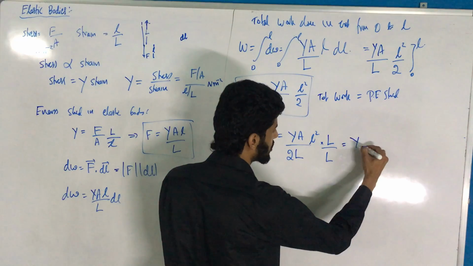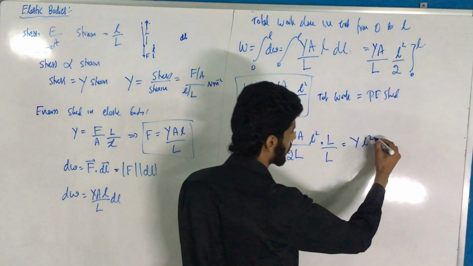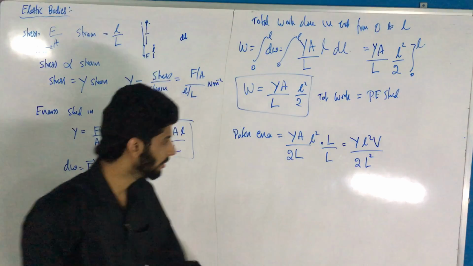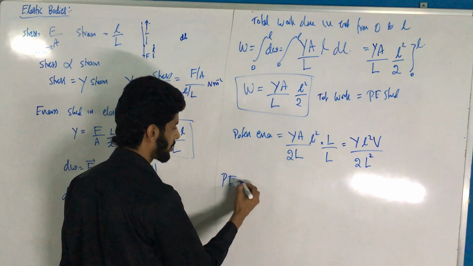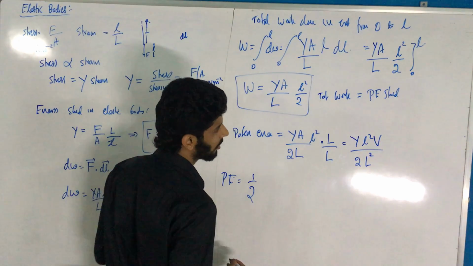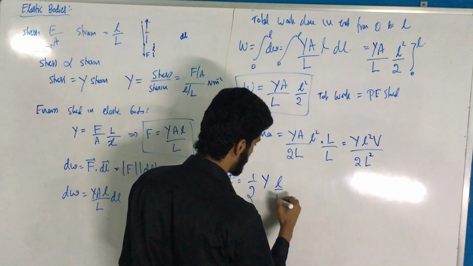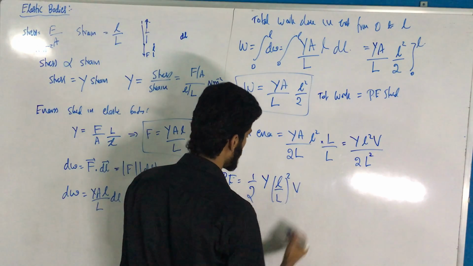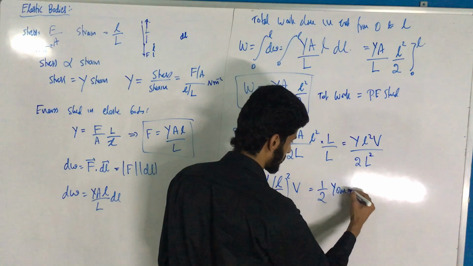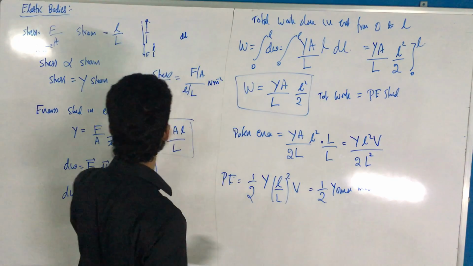So this Y into l squared, and this A into L, area into length, is just the volume of the wire. I'm writing here dividing by 2 L squared. So the potential energy stored in the elastic body is equal to 1 by 2, Y, times l by capital L whole squared, times volume. This is half into Young's modulus, Y, which is defined here, and l by capital L is just the strain.